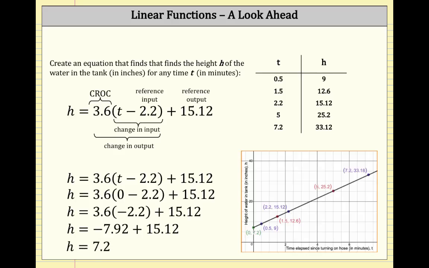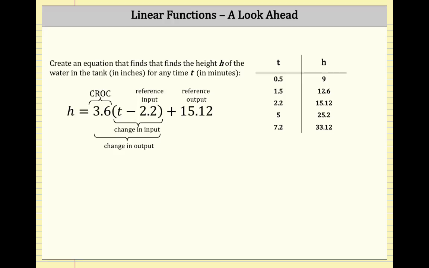So that is consistent with what we had found. So this equation has reproduced all the values in the table and would even reproduce any other values along that line. Just simply find its time that's reasonable in this situation, and it will calculate the correct height of water in the tank at that given time. It is very powerful.